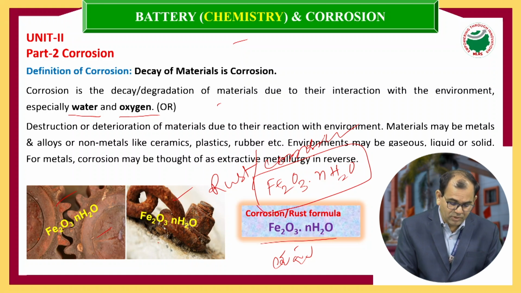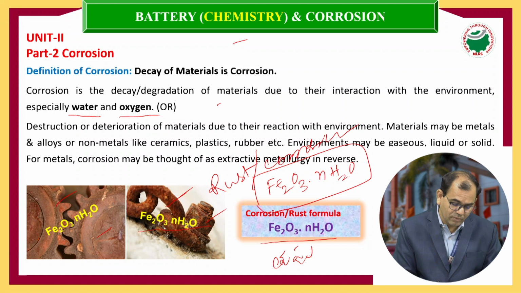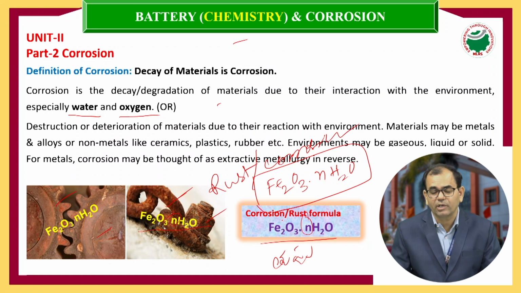So this is the formula: ferric oxide, Fe2O3, with n number of hydrated water molecules. n represents that it could be 1 water molecule, 2, 3, 4, 5, 6, n number of hydrated molecules.